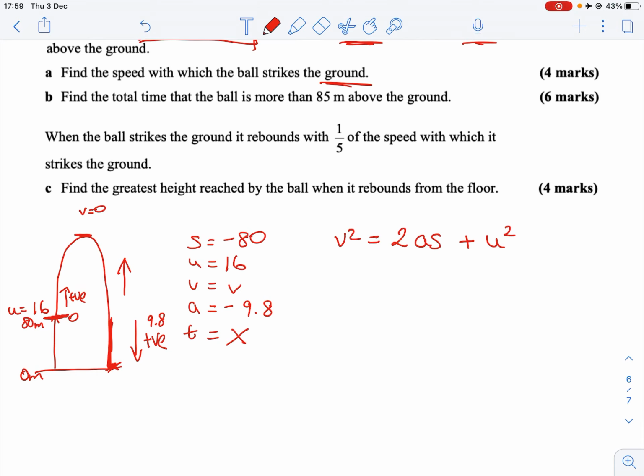So let's substitute our values. V squared is what we want to find, our final velocity when we reach here. So we have 2, our acceleration is minus 9.8, and our displacement is minus 80, plus u squared, which is 16 squared.